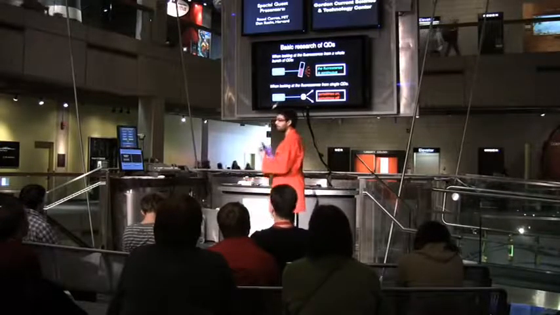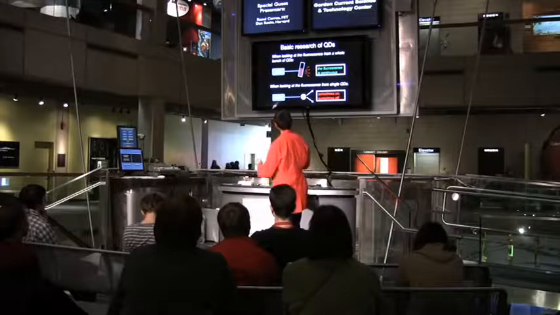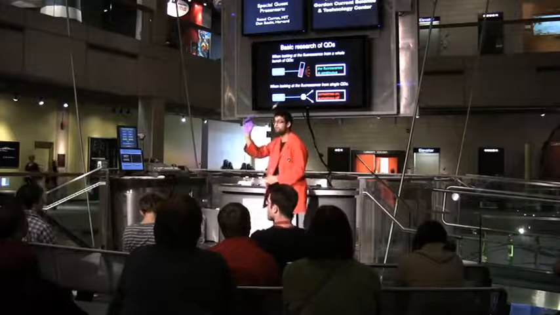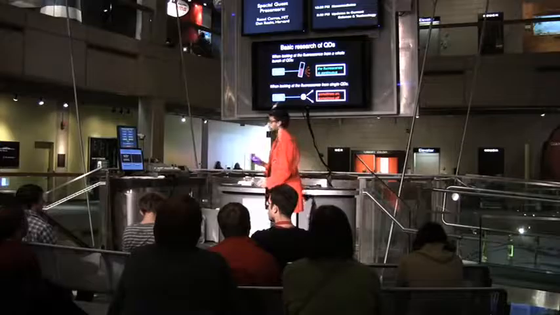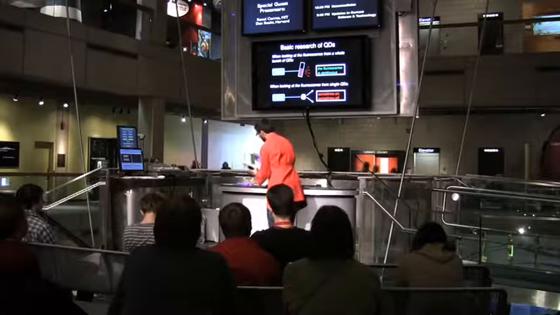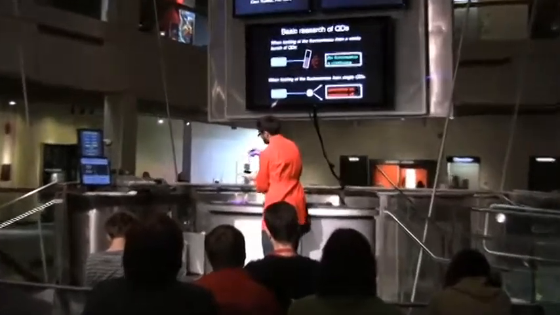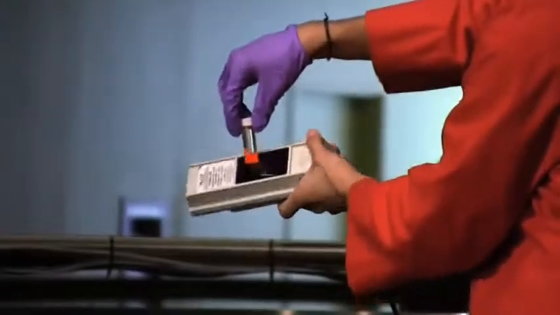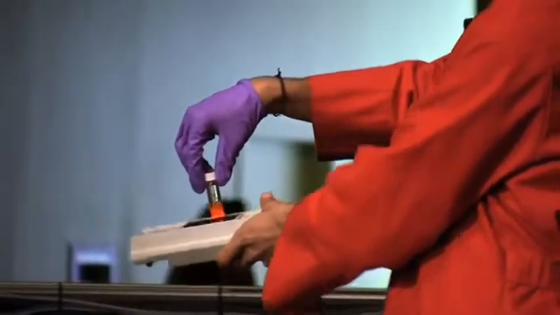I'm more involved in the basic research, and what I do is look at fluorescence on the single quantum dot level. For example, if I take this vial right here, and I turn on my energy source, I notice that these things are glowing, but they stay glowing.